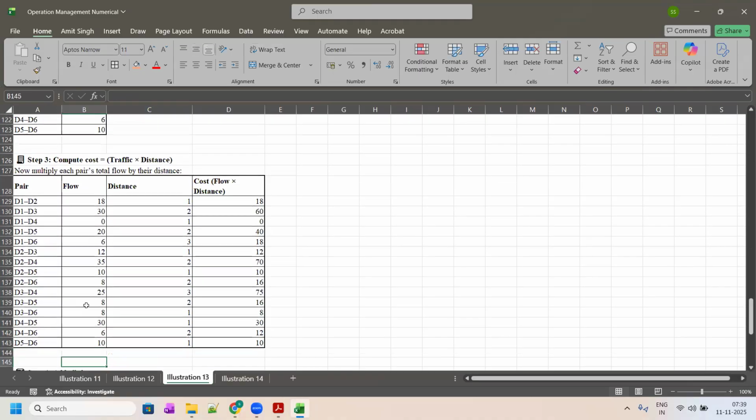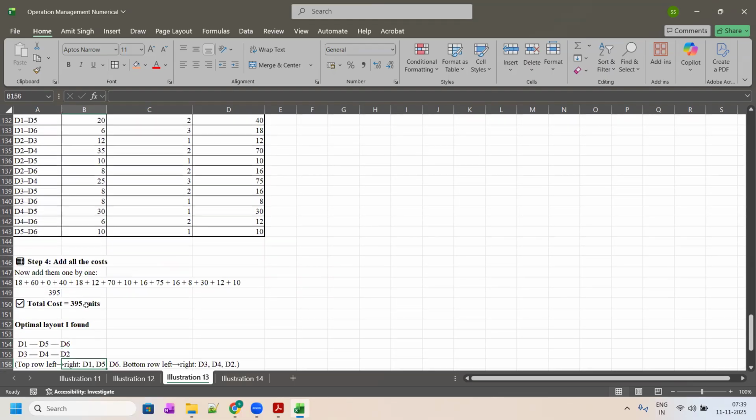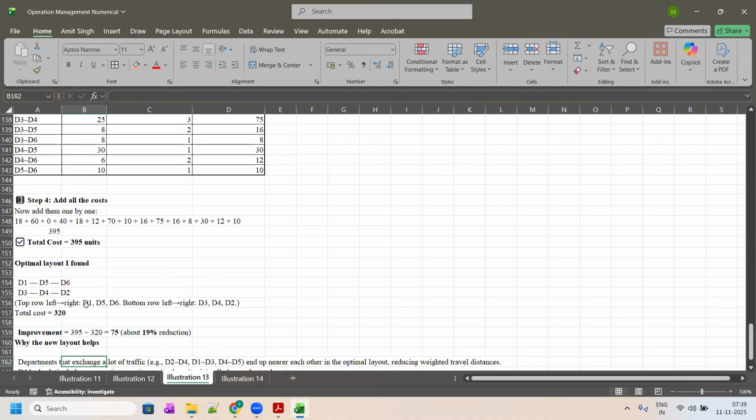So if you multiply the traffic with the distance, we'll calculate the cost. We need to see where we are getting the minimal cost. Whichever layout you try, here you will get the minimal cost.